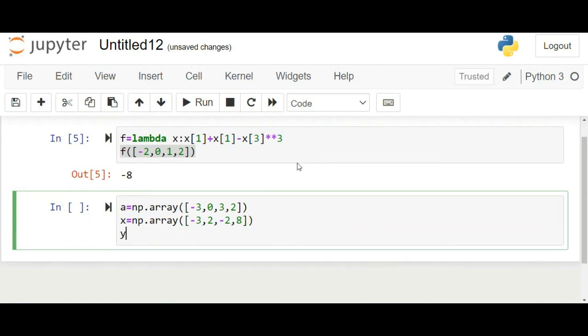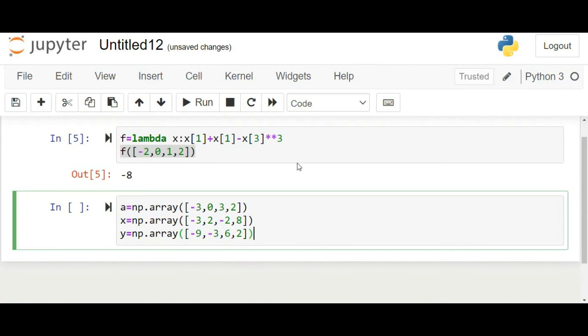Okay, and then we will define y is equal to np dot array inside the parenthesis, and then inside the parenthesis we shall write the square brackets. The values are minus 9 comma minus 3 comma 6 comma 2.